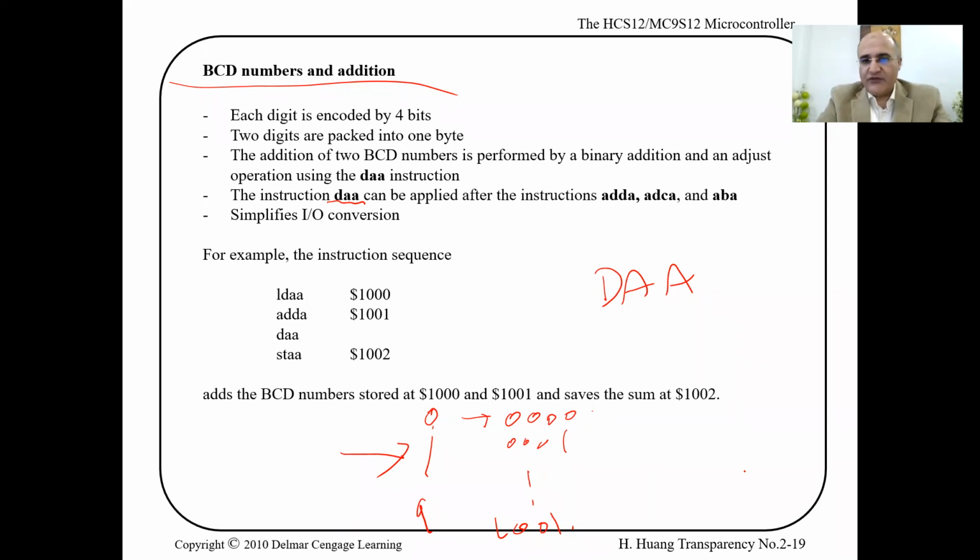What happens if you add two numbers, like 1000, which is 8, plus 0011? The result is 1101, and what is this?